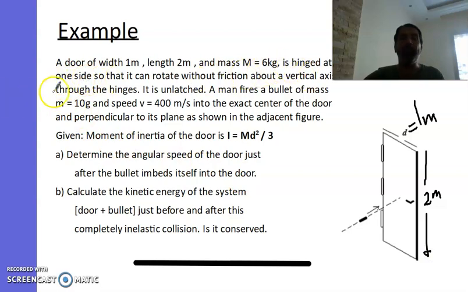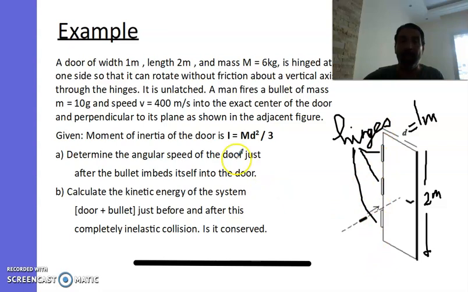It is hinged on one side so that it can rotate without friction about the vertical axis through the hinges. Here are the hinges. Clear? And this is the vertical axis.